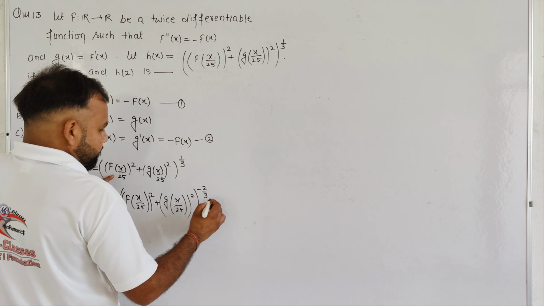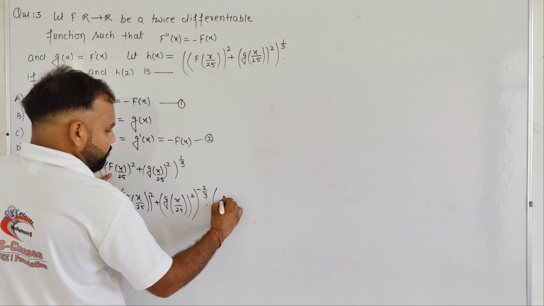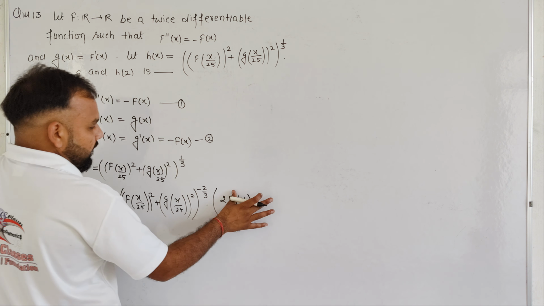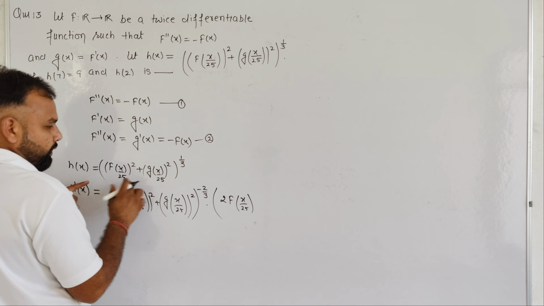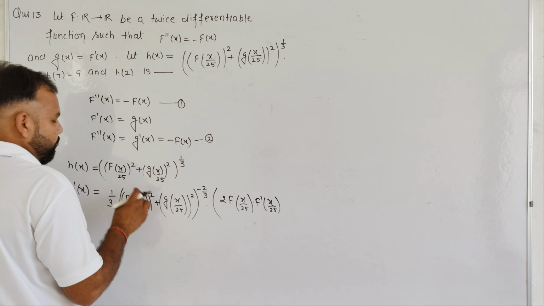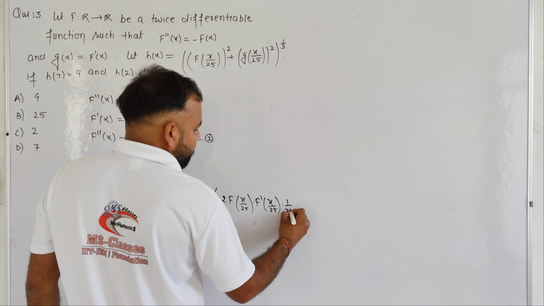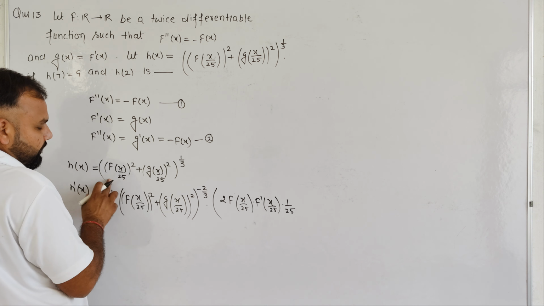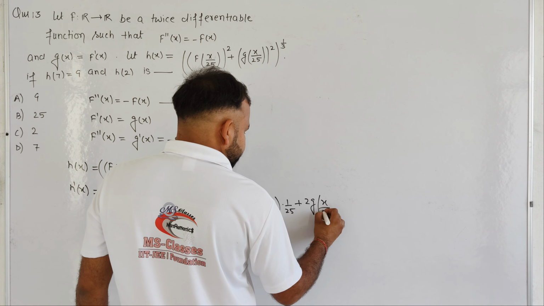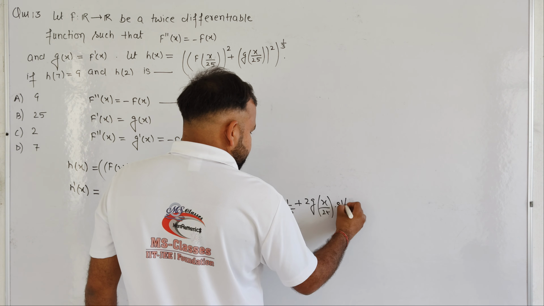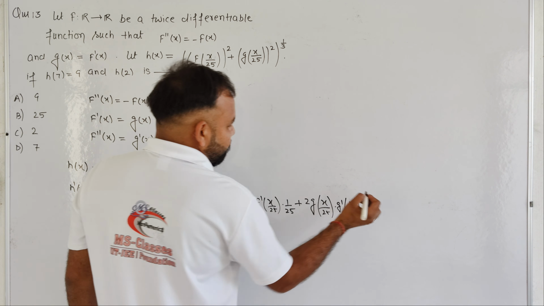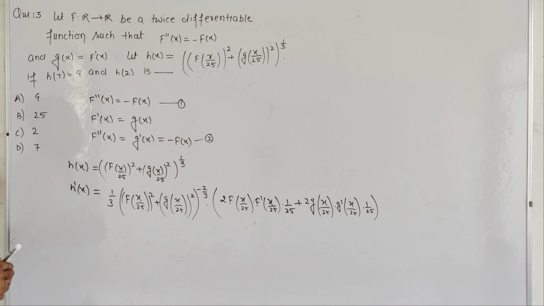And if we differentiate the things inside, it will become 2 times f of x upon 25 and the derivative f dash x upon 25, in the same way times 1 upon 25. That is the differentiation of this one. In the same way, the differentiation of g is g dash x upon 25 and 1 upon 25. Okay, student, that is the differentiation of this one.